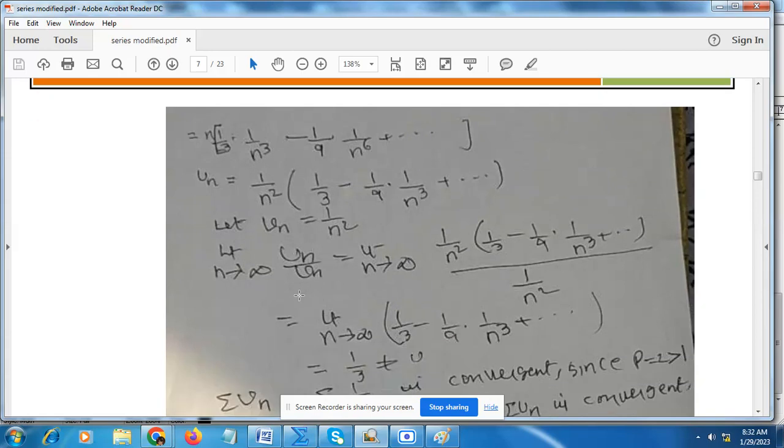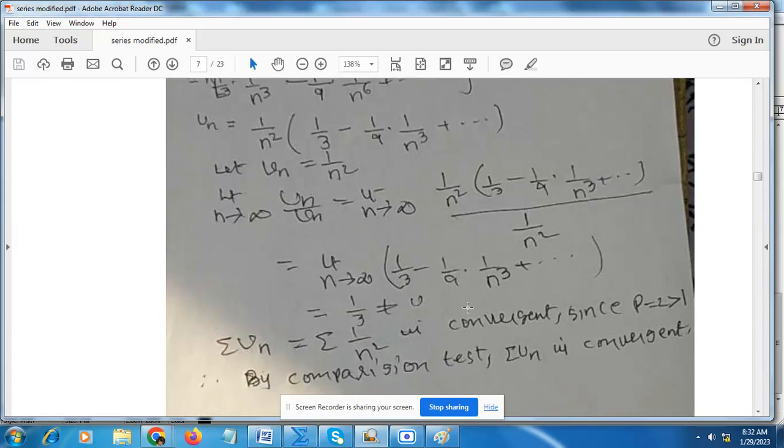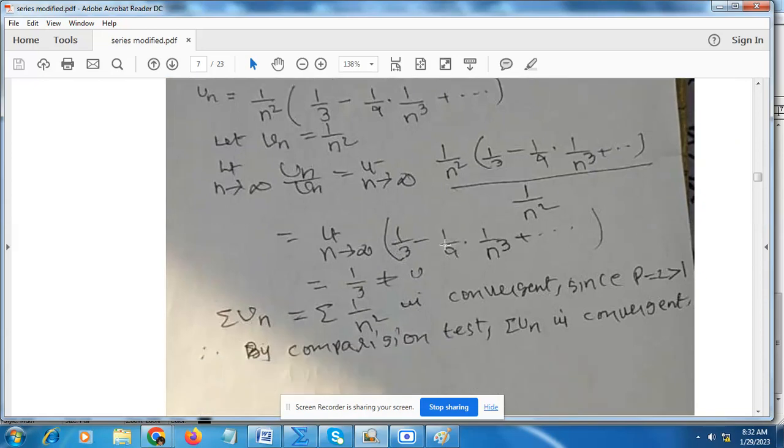Un by Vn as n tends to infinity is 1 by 3 minus 1 by 9, and so on. That means after the 1 by 3 term, all are 0, because as n tends to infinity, 1 by n, 1 by n square, 1 by n cube, and so on tend to 0. Finally, we have only 1 by 3, which is not equal to 0.